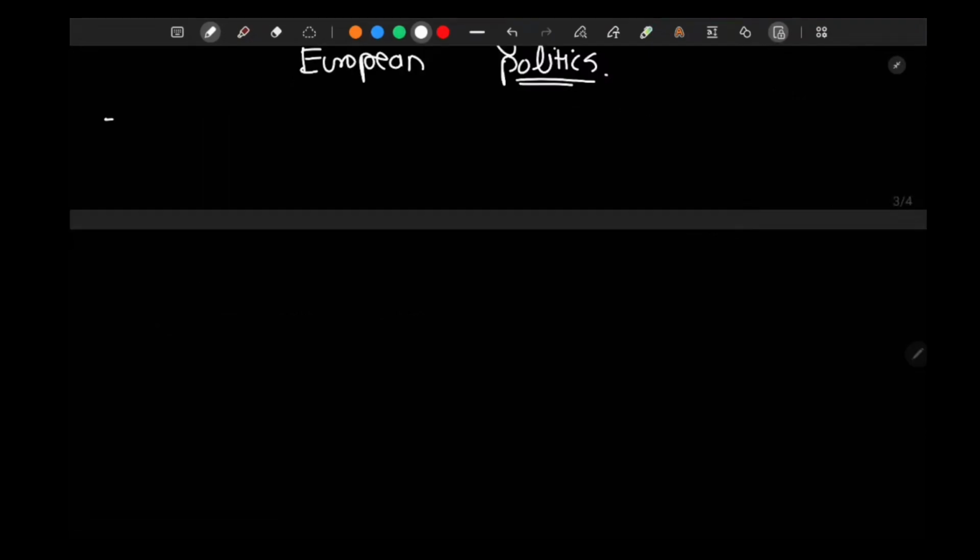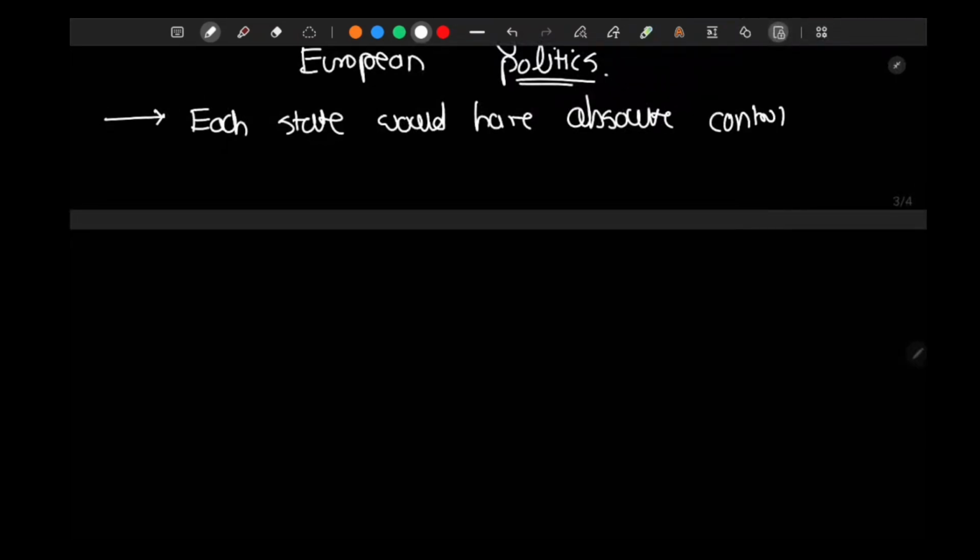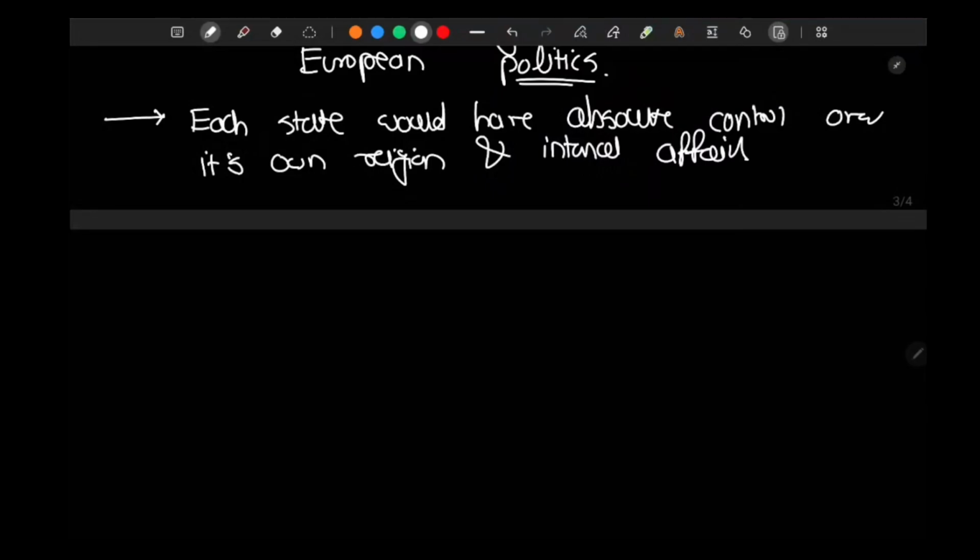It is about sovereignty. As we have seen, there is the monistic theory of sovereignty and the pluralist theory of sovereignty. We have understood what sovereignty is. The Treaty of Westphalia is absolutely about sovereignty, whereby it is said that each state would have absolute control over its own religion and internal affairs, and no external power could interfere.